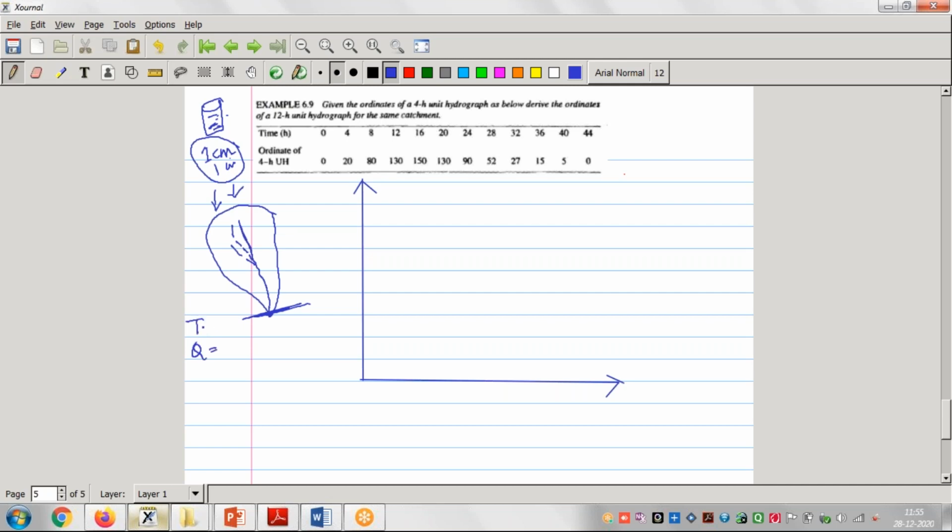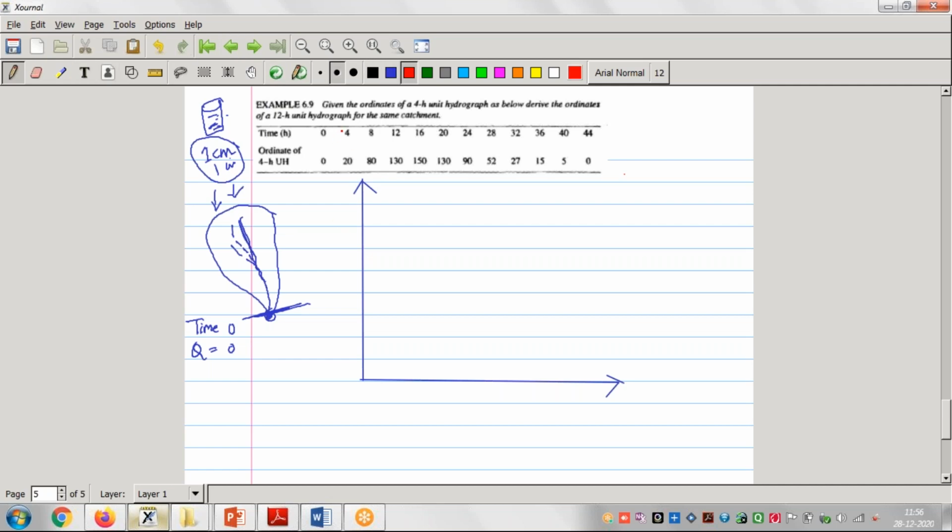See, when the time was zero, the q will be zero, right? See, doctor, water is coming here. It has not reached here. Means when the time is 0, there is no water here. So that's why Q is 0. Is it okay?